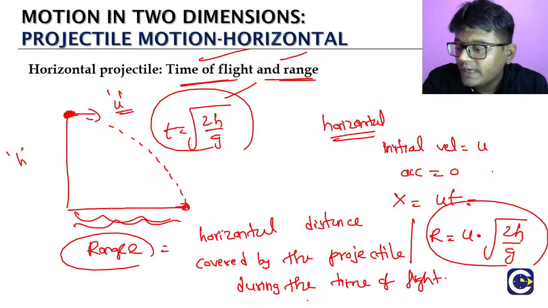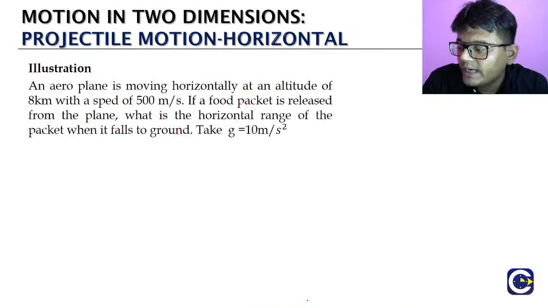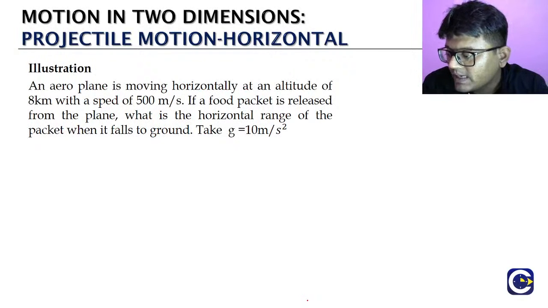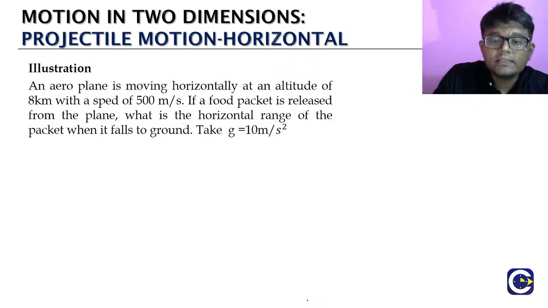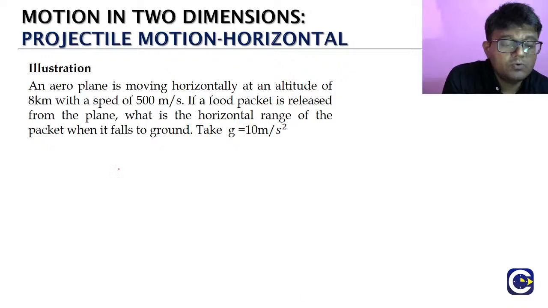Now we'll quickly look at one question. Let us see if we are able to solve this. An aeroplane is moving horizontally at an altitude of 8 kilometers.